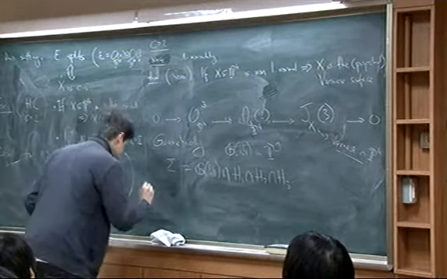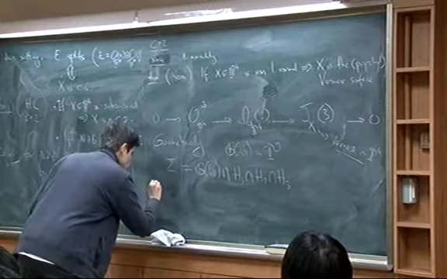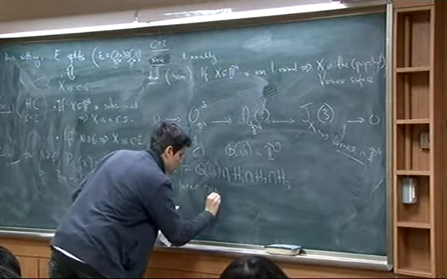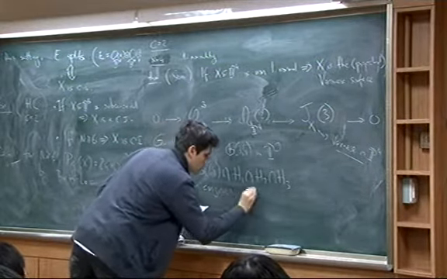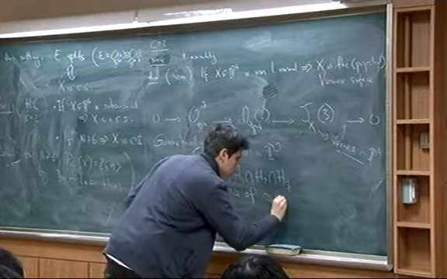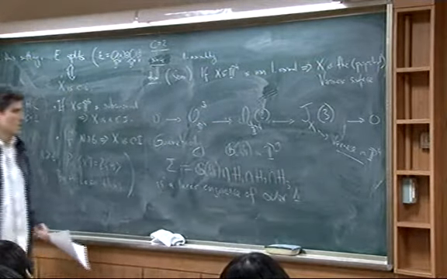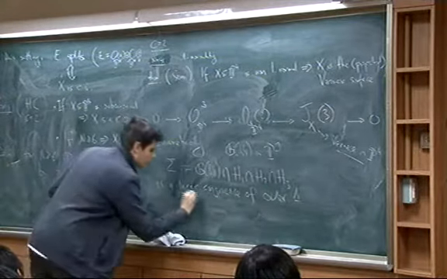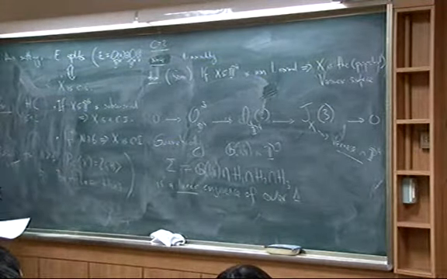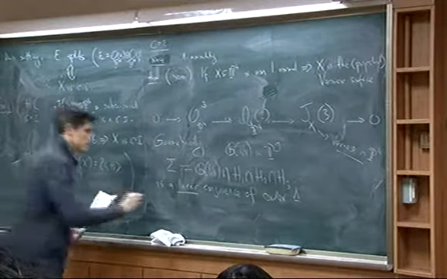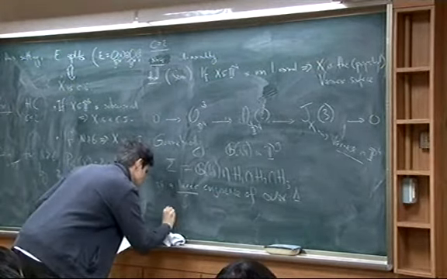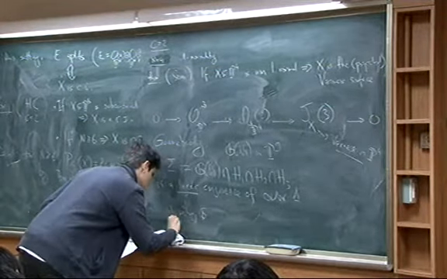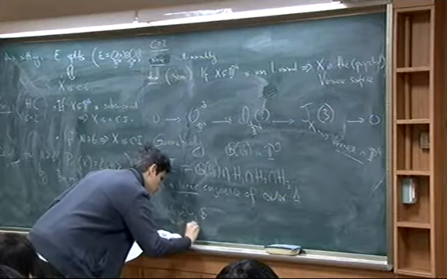And this sigma is a linear congruence of order 1. Let me try to explain these words. Linear means that it is obtained by intersecting G with hyperplanes.